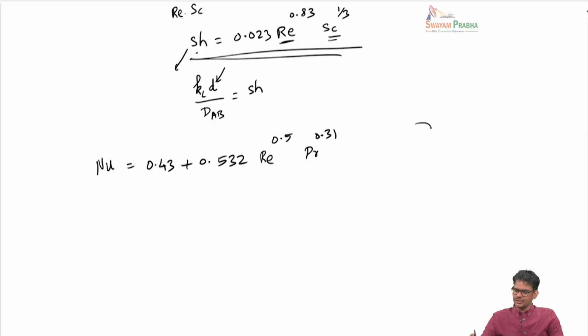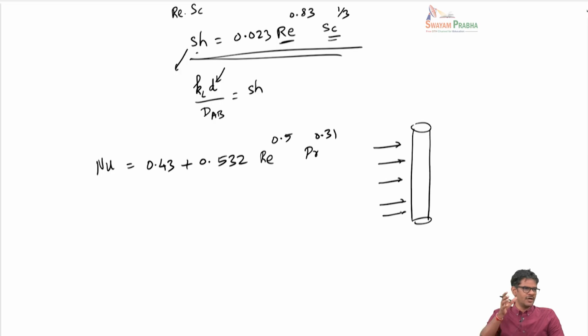This is the relationship for heat transfer from a cylindrical pipe where the flow is perpendicular to the long axis. So you have a hot circular tube, and the fluid is flowing past this tube perpendicular to it, and the heat transfer rate or heat transfer coefficient for this particular problem is given by this.